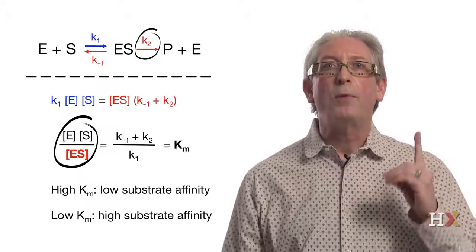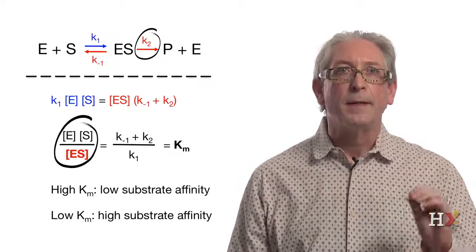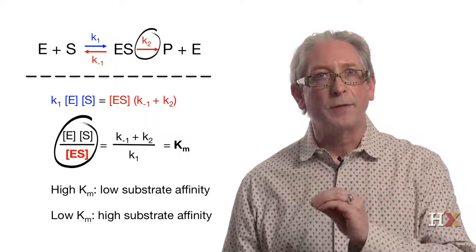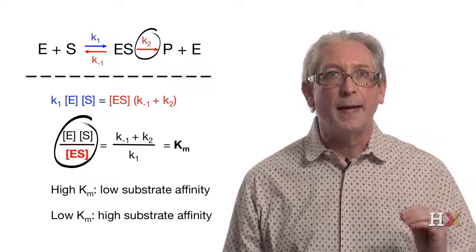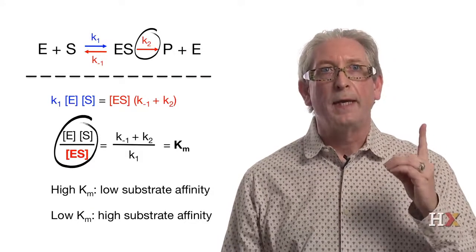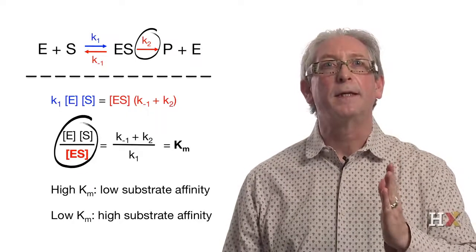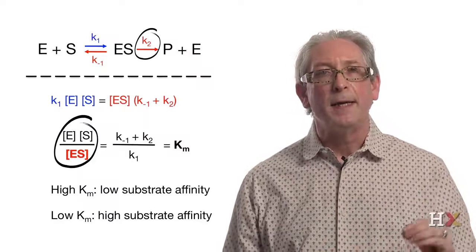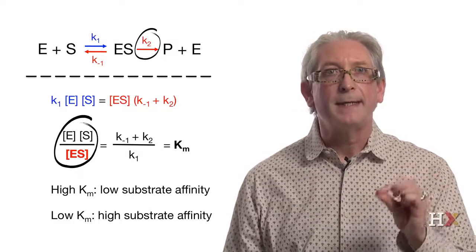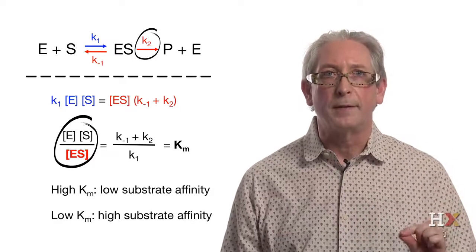However, it's very important to note that this correlation between high and low affinity of the enzyme for its substrate and high and low Km is true in only one condition. If the second step of our reaction, the conversion of ES into P plus E, is the rate-limiting step of the reaction, that is, K2 is very small compared to the other rate constants.